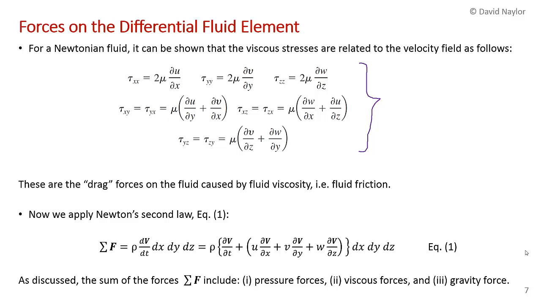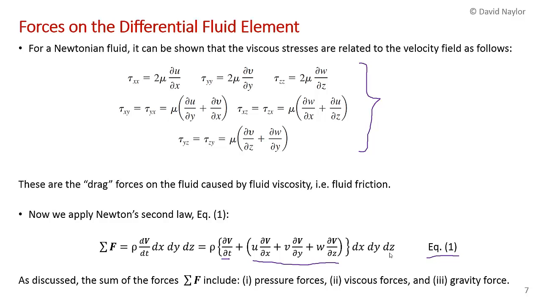So now we have all the forces. We can apply our equation 1 from, I think, the second slide, F equals ma, where we have our local acceleration and our convective acceleration, and rho dx dy dz is our mass.